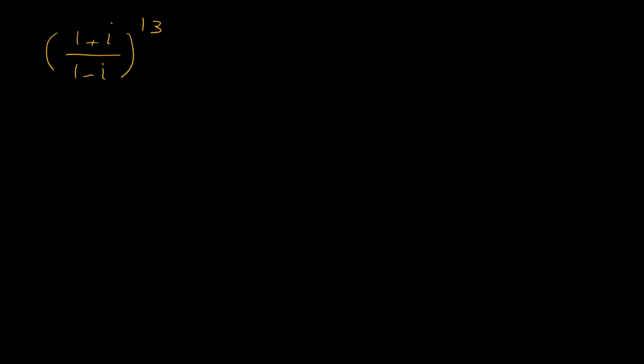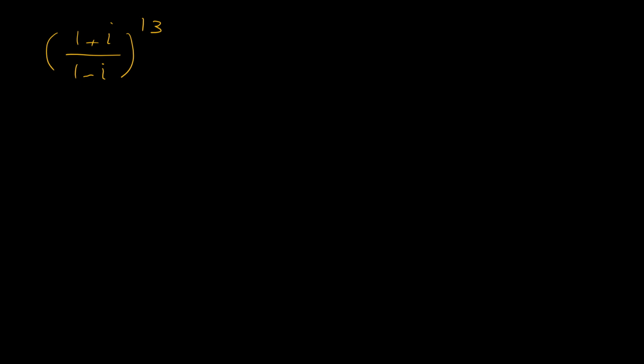1 plus i over 1 minus i raised to the power of 13. The power in this example is smaller, but inside the bracket we have a division. So you can do this question in two ways.